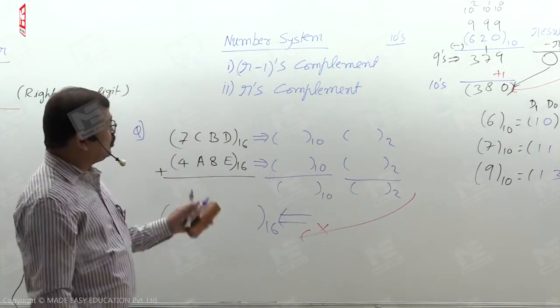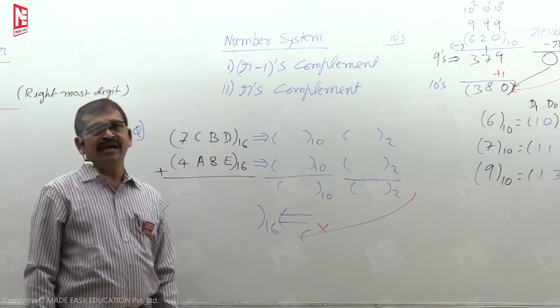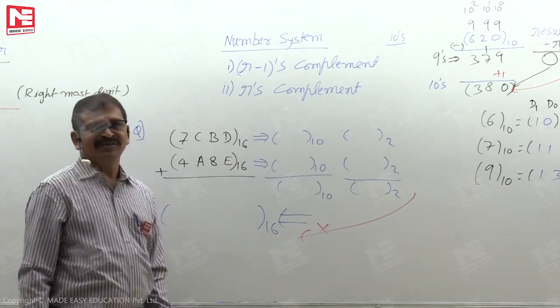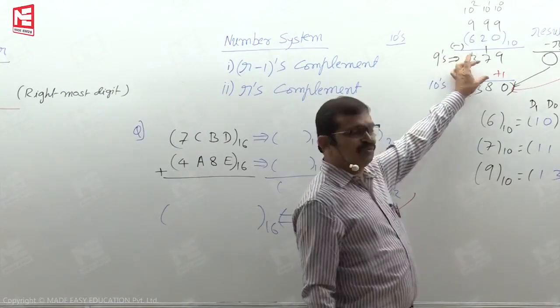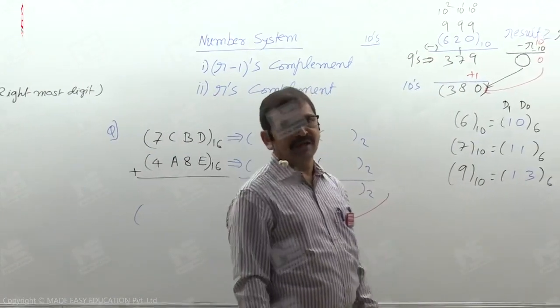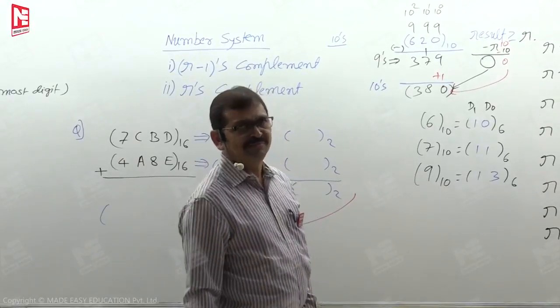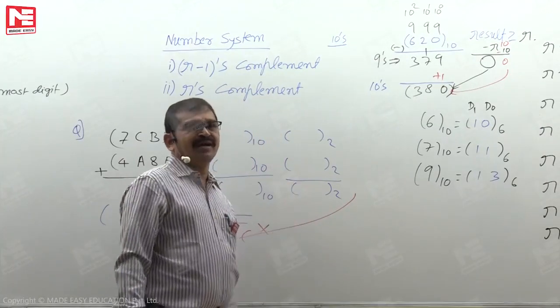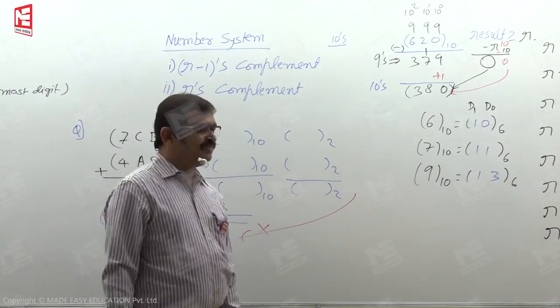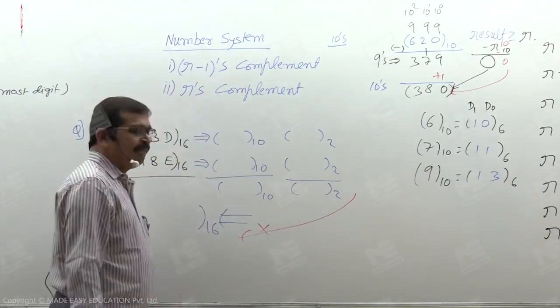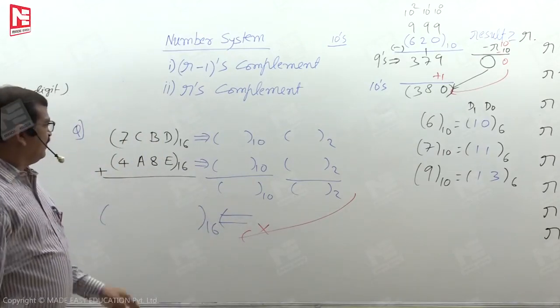We can add these two hexadecimal numbers similar to adding two decimal numbers. That procedure is possible to adopt. If we adopt it, we'll definitely spend less time to answer. So let's try it directly.